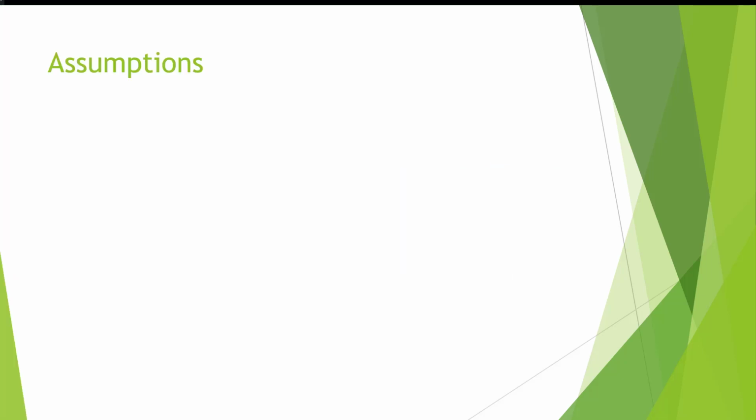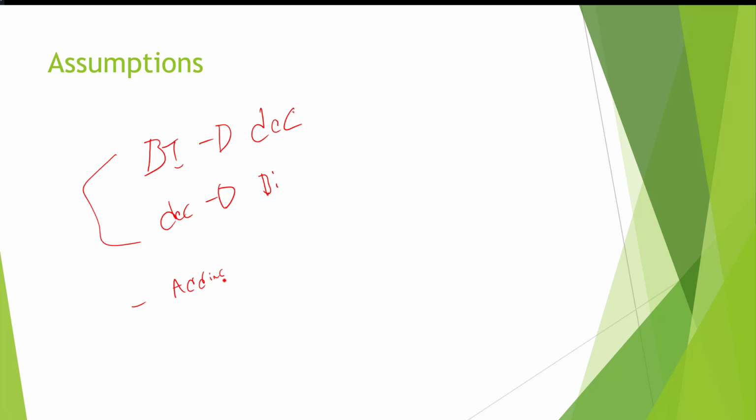All right, so some assumptions. First of all, I am assuming that you can do binary to decimal conversions, and you can do decimal to binary conversions. Those are at least the math components. I'm assuming you can do adding and subtracting, basic multiplication.